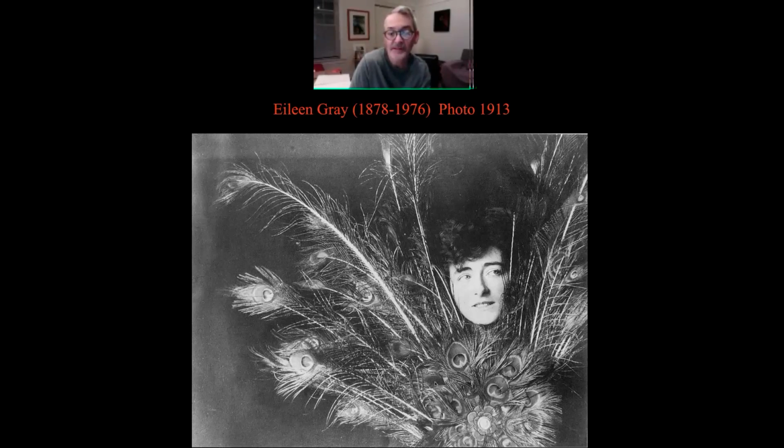It has to be done in layers, and it's easy to screw it up. But these very even lacquered surfaces on some of this furniture, that's where Eileen Gray started.